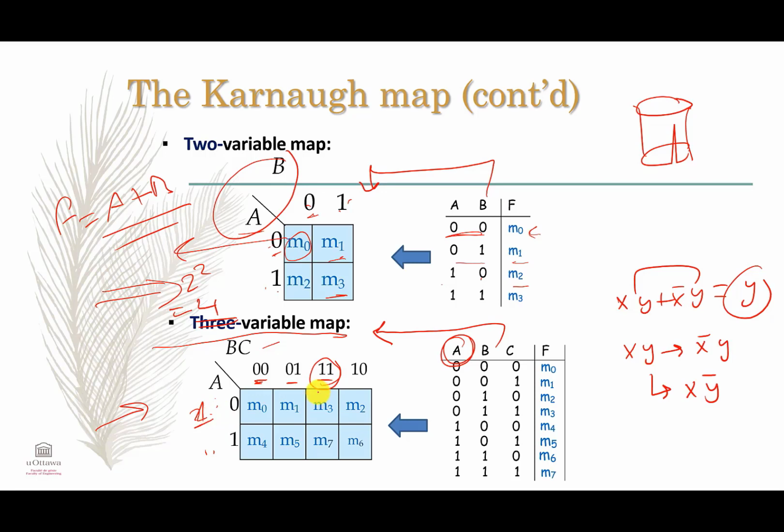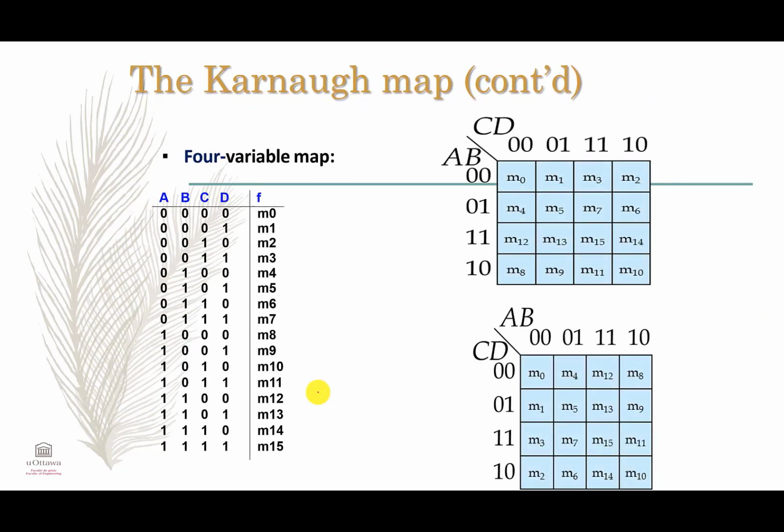Now the Karnaugh map for 4 variables will be a 4x4 matrix, which can be represented either by taking AB to represent the most significant bits, which is what I prefer here, to represent the rows, and CD to represent the columns. So if we look here, guys, here we have 0 0, then 0 1, then we cannot go to 1 0, no, we go to 1 1, because we will only change one bit or digit. Then 1 1 and 1 0.